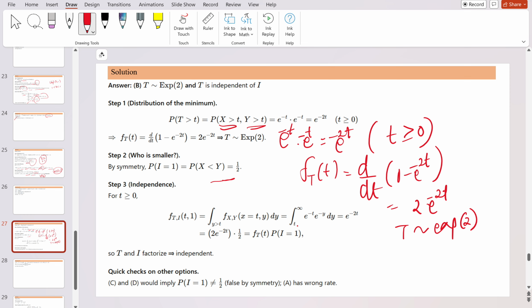So when you put the value, it is the integral from t to infinity of e to the power minus t times e to the power minus y. When you solve it, the integral from t to infinity of e to the power minus y is simply e to the power minus t. So multiplying, it comes out to be e to the power minus 2t, or you can say 2 e to the power minus 2t times half. T and I are factorizable, so they are independent.